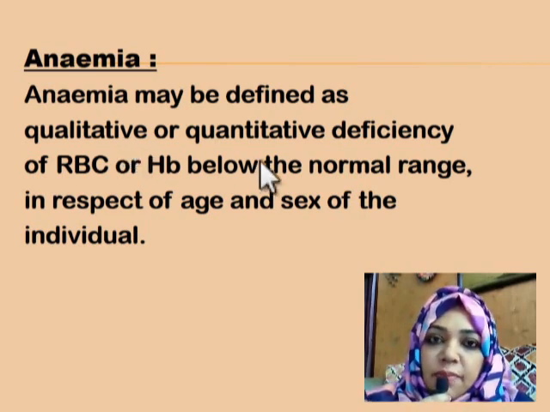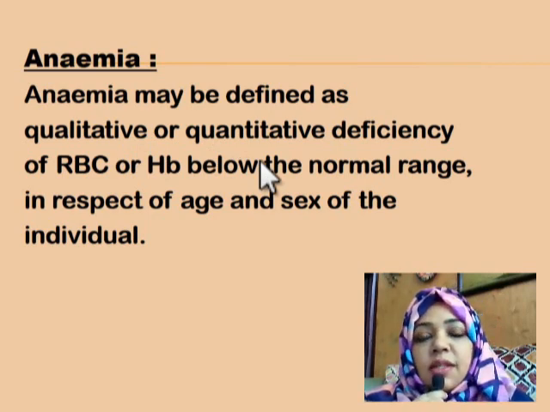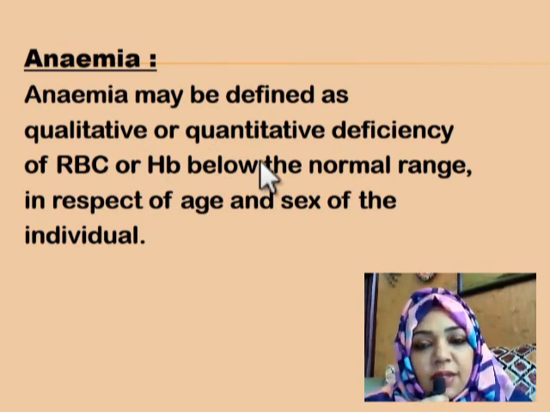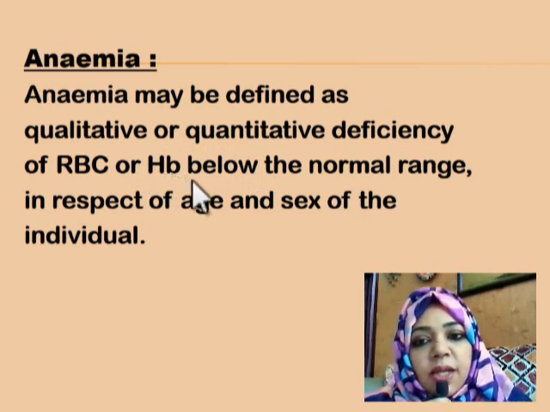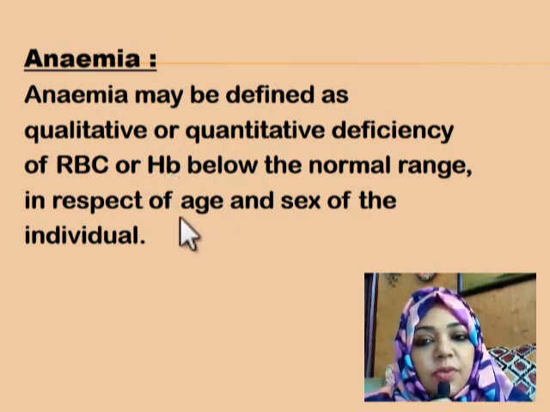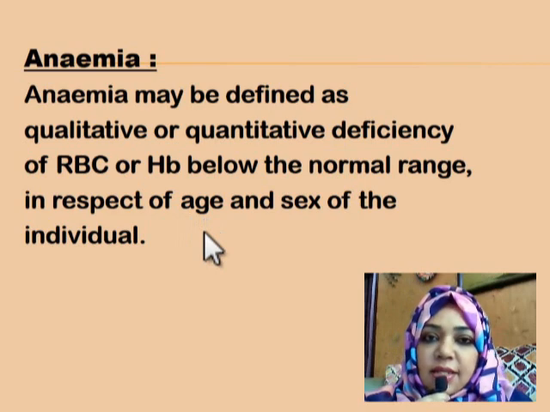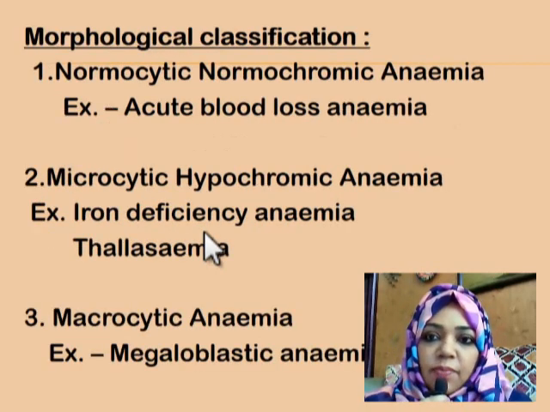The word anemia is a Greek word that means lack of blood. So when a person is suffering from anemia, there will be decreased level of RBC or hemoglobin, and we have to know it in respect of the age and sex of the individual.